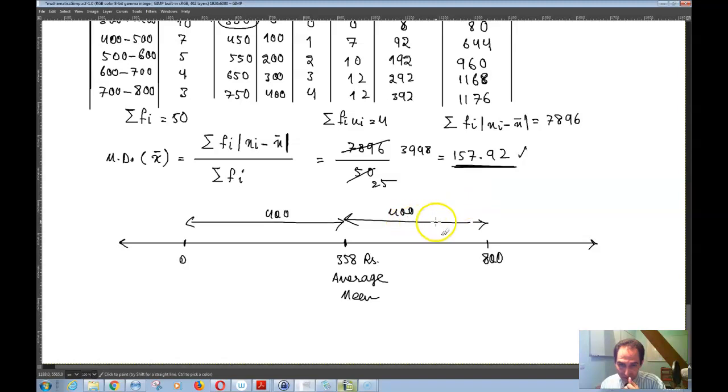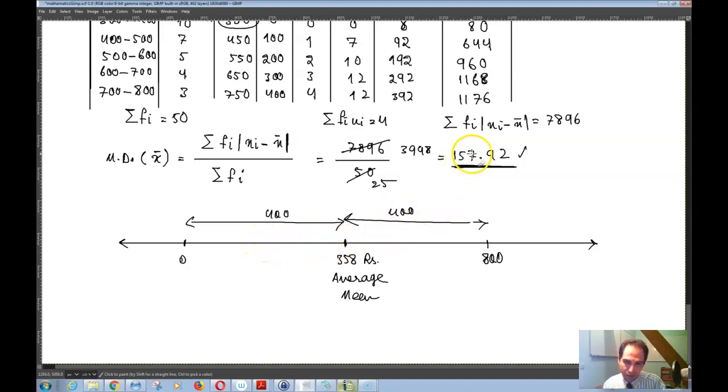It says that the average of the distances of all of those observations from this mean was 157.92, meaning that you can say that on average everybody was either around 200 rupees less than earning.